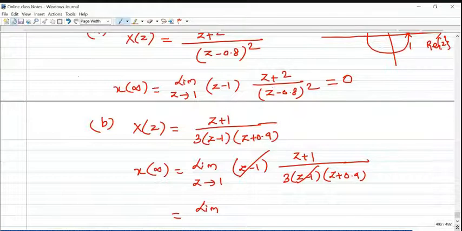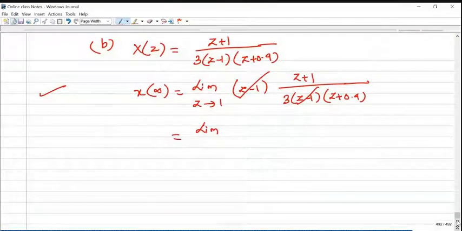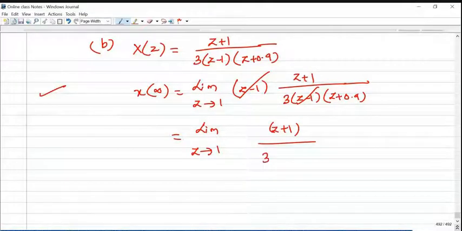Okay, first one, fine. Second one, try to cancel this z minus 1. So the rest of the term, limit z tends to 1, (z plus 1) divided by (3z plus 0.9).